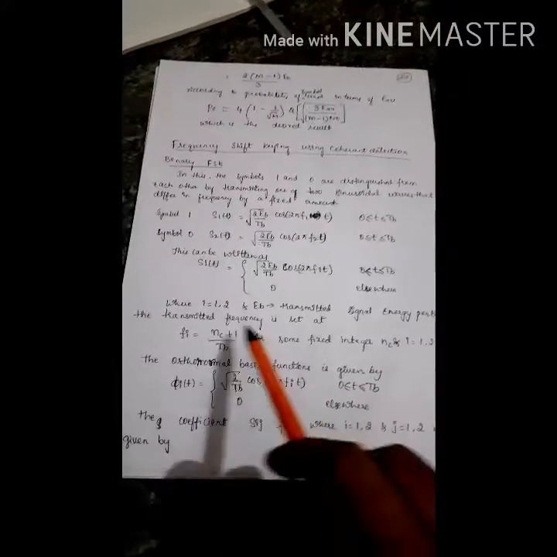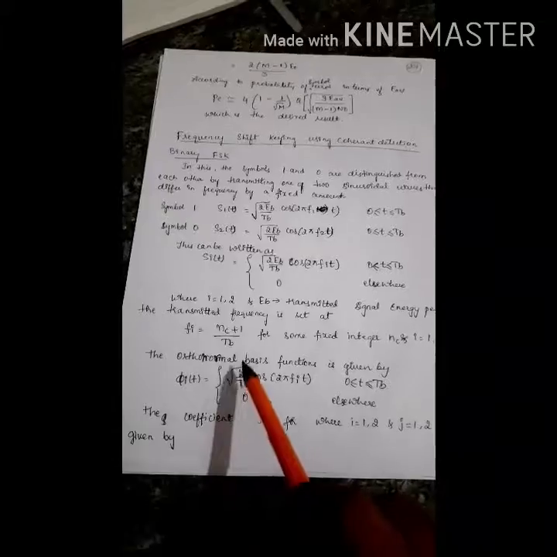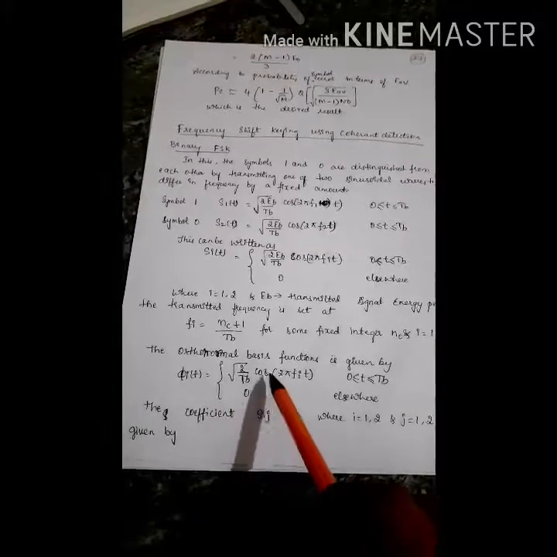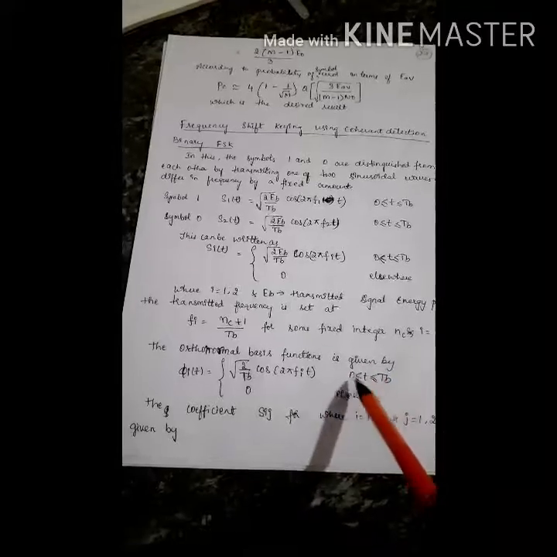The orthonormal basis function is given by phi i of t is equal to square root of 2 by TB cos 2 pi Fi t, where t also varies between 0 and TB only.